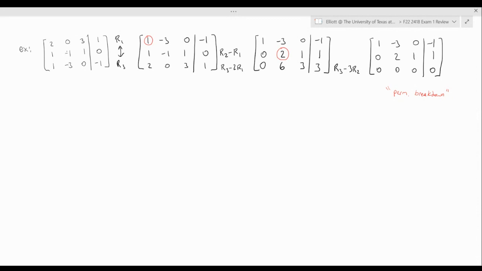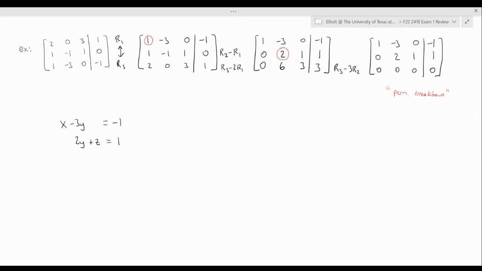So in the first row, if I convert that into an equation, it's x minus 3y plus 0z is negative 1. The second row gives us the equation 2y plus 1z is 1. And then the third row is 0x plus 0y plus 0z equals 0.